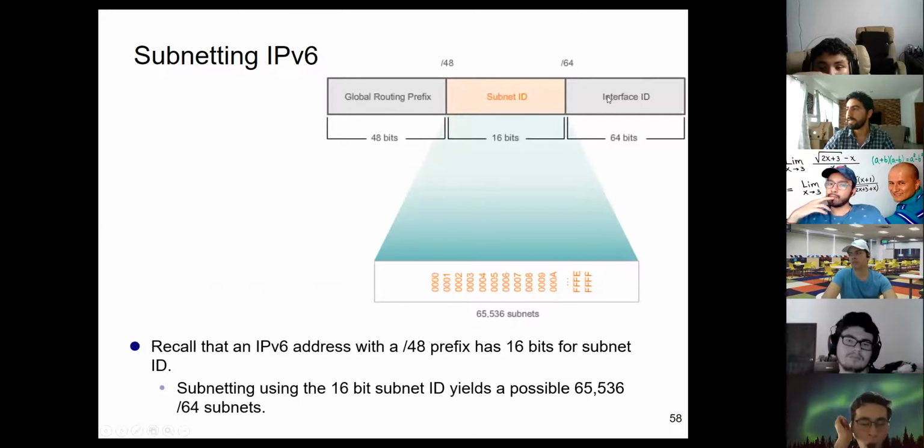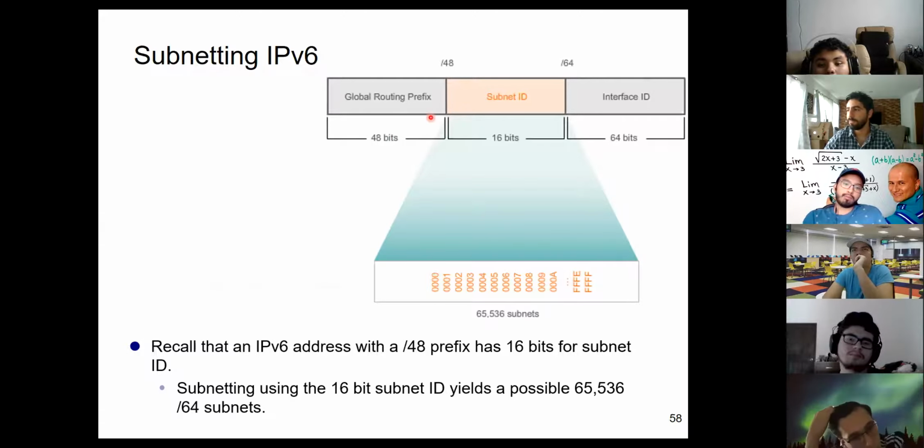This is the structure of IPv6: you have these 48 bits that are assigned for the global routing prefix. Then you have these 16 bits assigned for the subnet ID. Sometimes, as I said, it might change a little bit, but usually that's the structure. 48 bits for the global routing prefix, subnet ID is 16 bits, and then you have an interface ID of 64 bits.